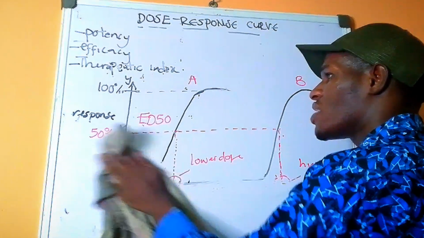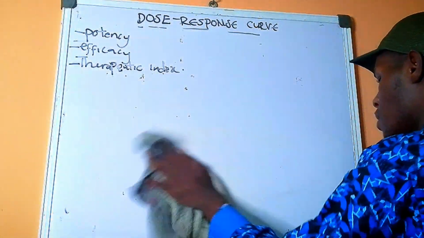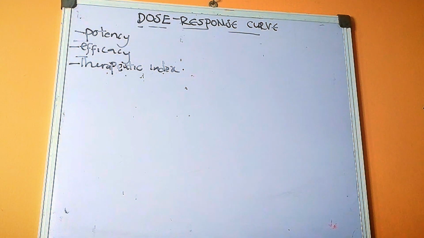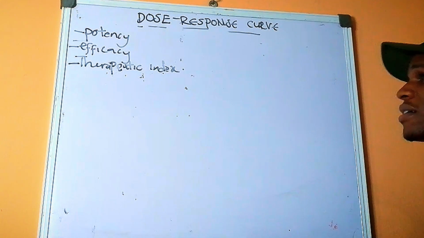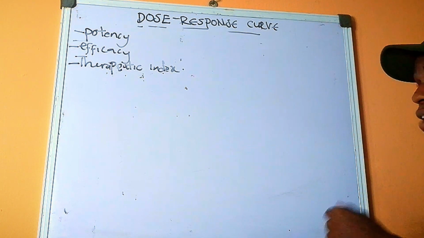Efficacy of a drug has to do with the ability of the drug to produce a full maximal response. Some drugs are more efficacious than others. Some drugs are sub-efficacious. Depending on the type of drug, some drugs are like full agonists.